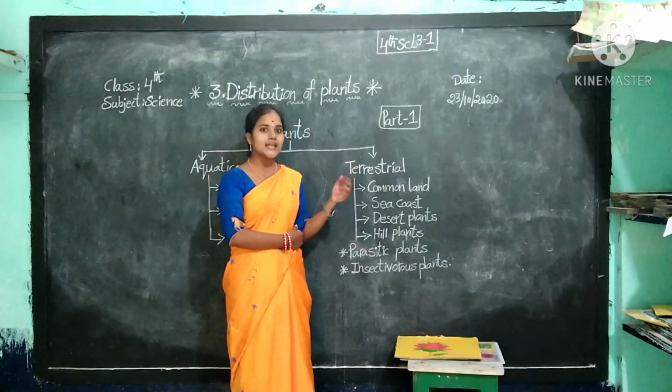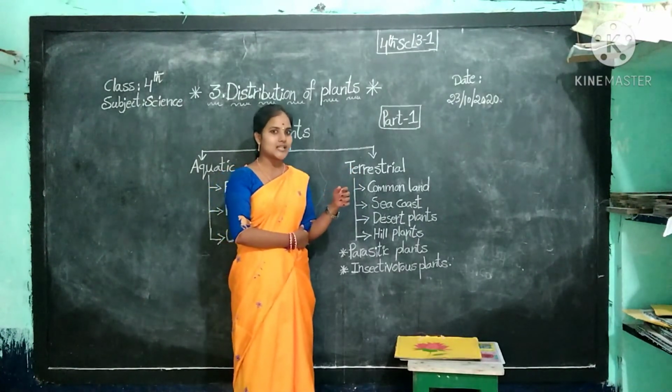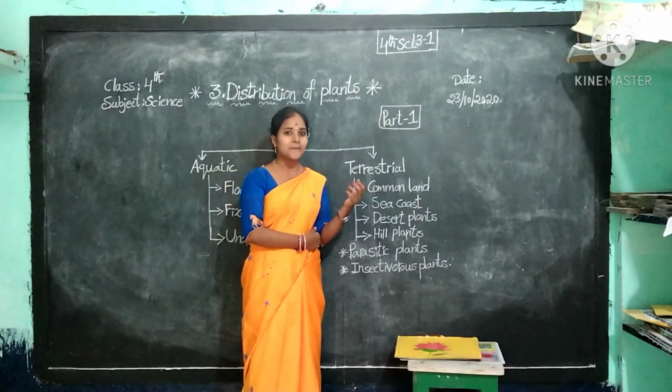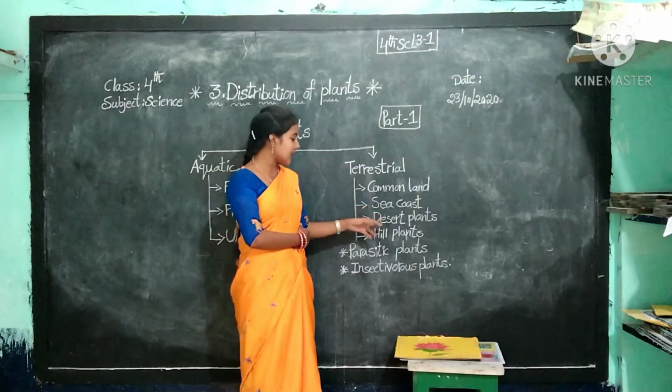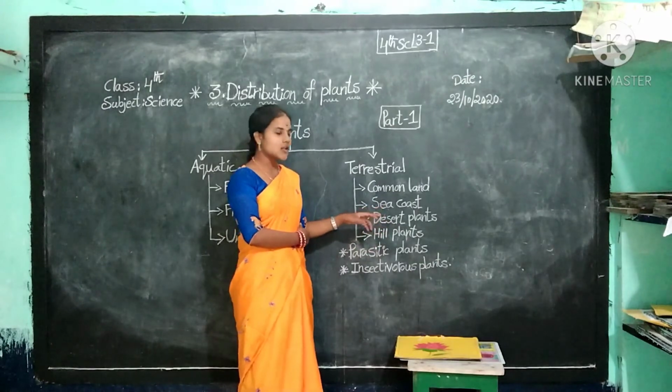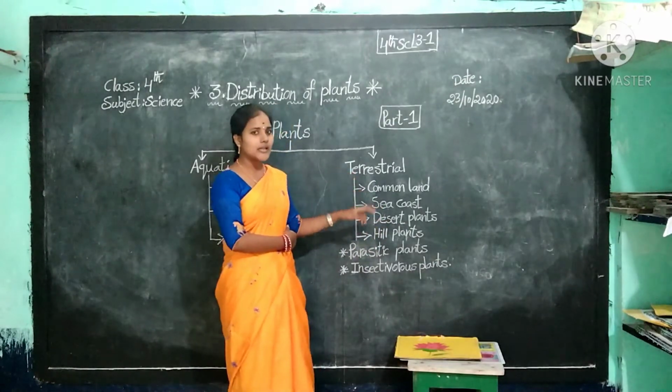It is used as a Christmas tree. You know children, at Christmas, have you ever seen the Christmas tree? Yes, the spruce tree is used as a Christmas tree. This is also a hill plant. This is about hill plants, children.